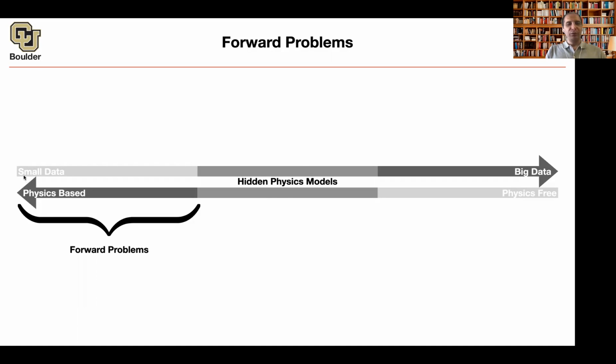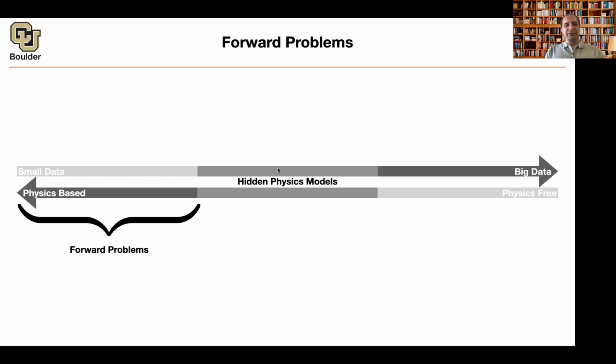So there are usually two arrows. One goes from left to right, the other one goes from right to left. And there is a reason why they are going from right to left. You cannot learn your physics from small data. You have to make more assumptions about your system. That's just the totality. There is no free lunch.